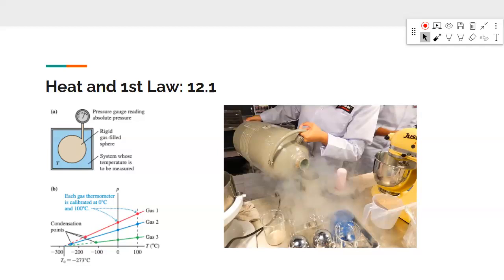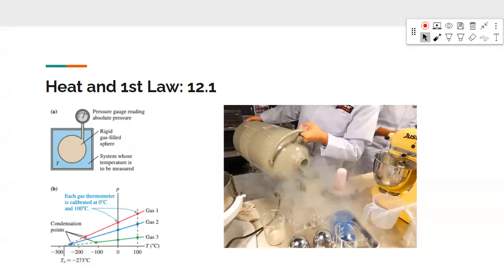And so something that you can do with a gas, like you can see in this diagram, is that you can have gas in a container. And because of the ideal gas law, if we make the volume of that container not change, so we build it out of iron or something that doesn't expand and contract much, and we fill it with gas, and we surround it by this blue fluid with a temperature T, then we can measure the pressure of the gas, and that tells us the temperature.